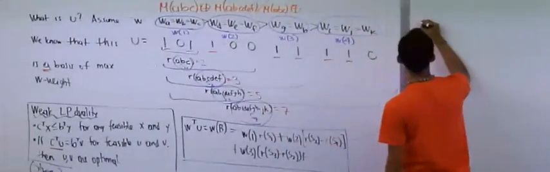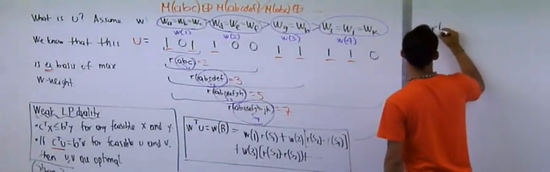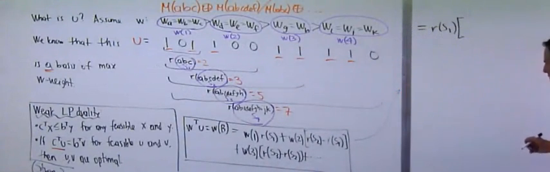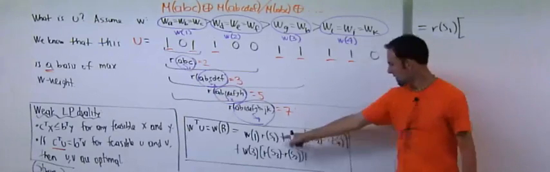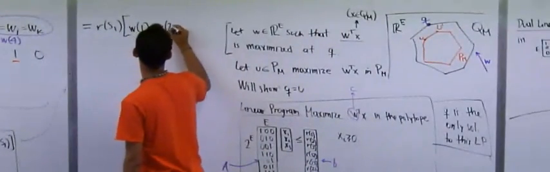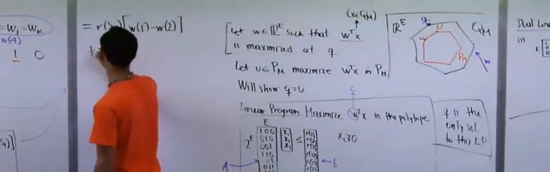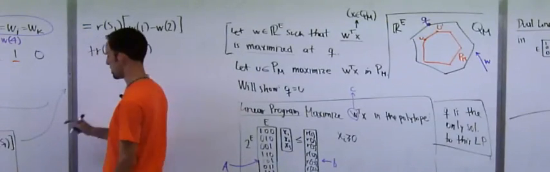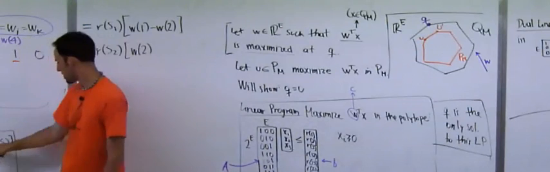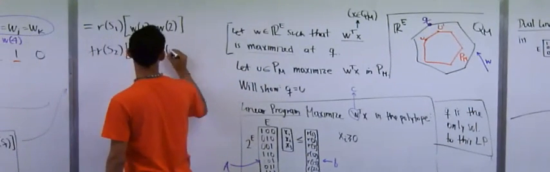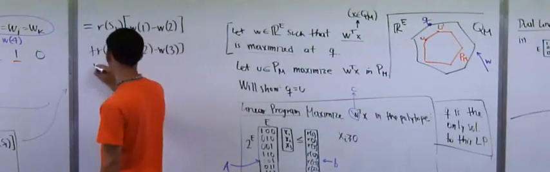So this thing is equal to rank of S1 times, where is rank of S1? Well, you have W1 minus W2. Plus rank of S2 times W of 2 minus W of 3. See it? Plus dot, dot, dot.